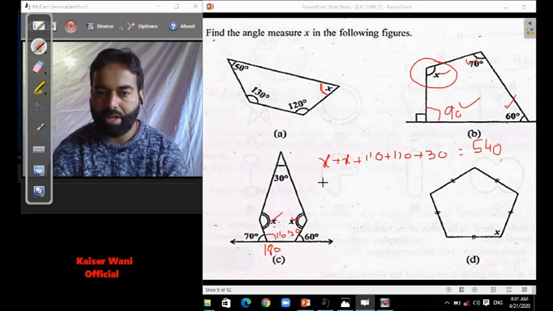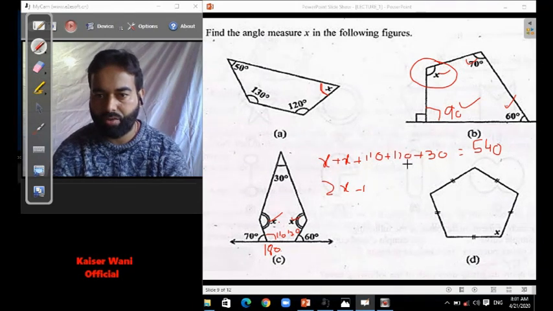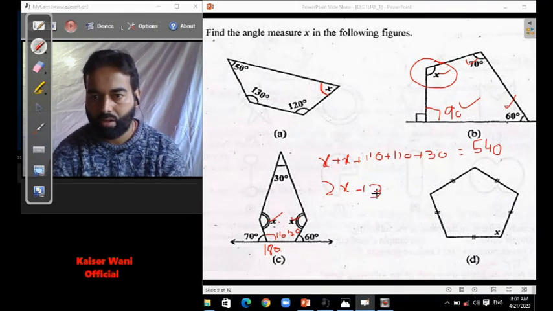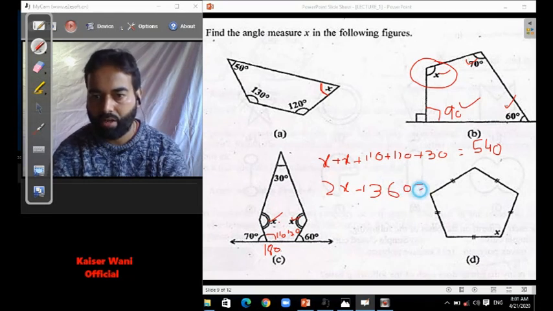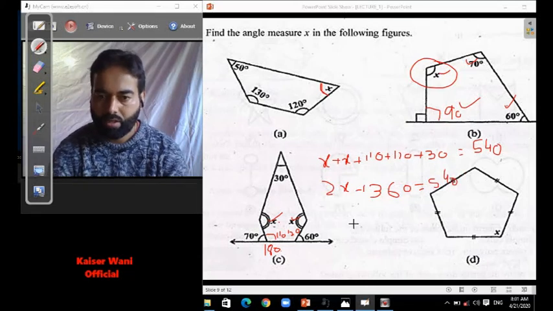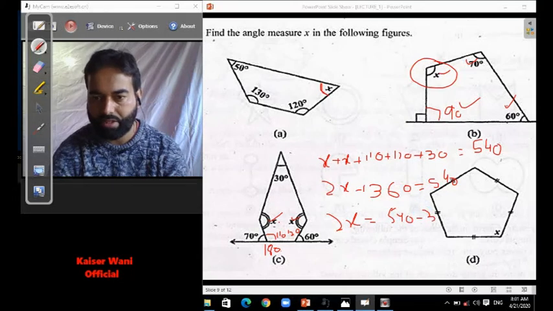So we can easily calculate x plus x, it is 2x, plus 100, 200, 300, 60 is equal to 540. So 2x, when we transform this equation, is 540 minus 360.